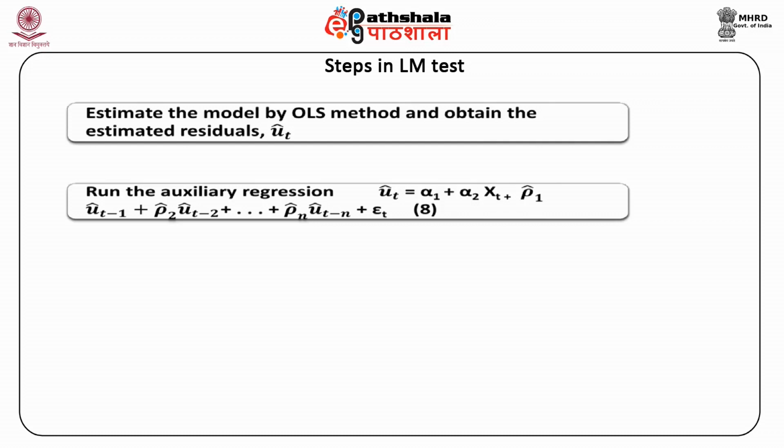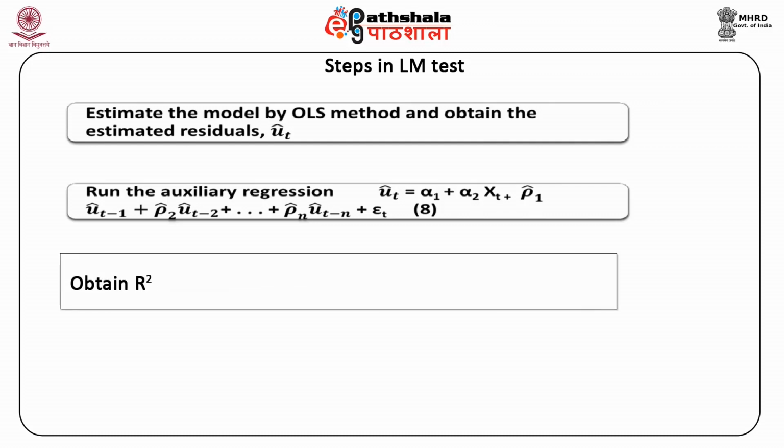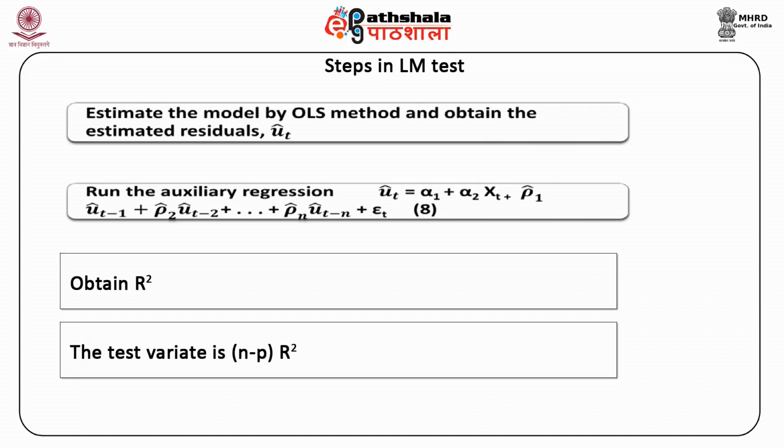The third step is to obtain R square, capital R square, which is also known as the coefficient of determination. The fourth step is the test variate, which in this case is (n minus p) into R square.